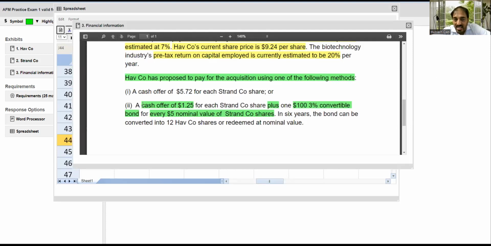What did the examiner say? The company proposed a cash offer of $1.25 for each Strand share plus $100 value of convertible for every $5 nominal value of Strand shares, and that will be converted into shares in future.